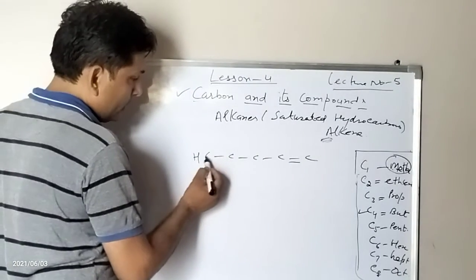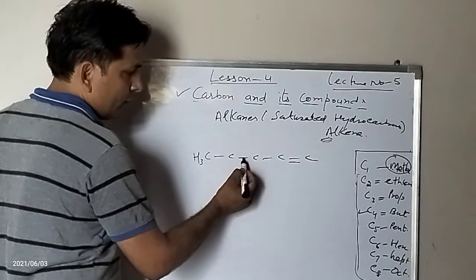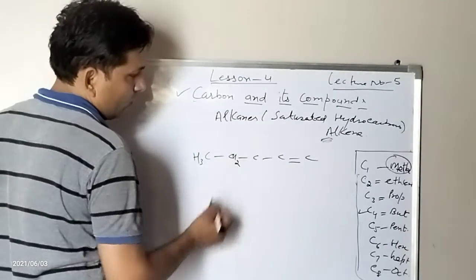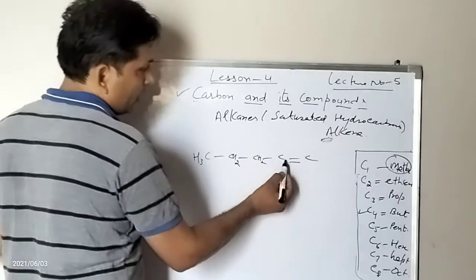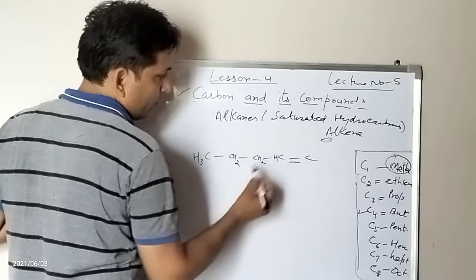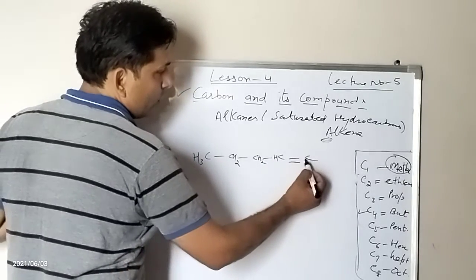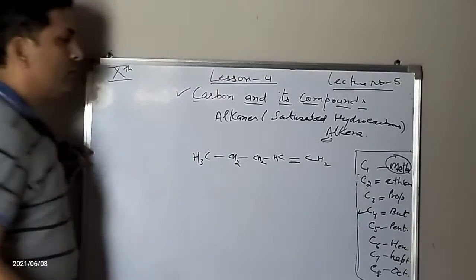This carbon is bonded with 1, therefore it can bond with 3 hydrogen atoms. This one is already bonded with 2, so it can combine with 2 hydrogen atoms. It is again with 2. Coming to this one, only one hydrogen atom will be there. Then this one has two bonds already, so it can combine with hydrogen atoms.